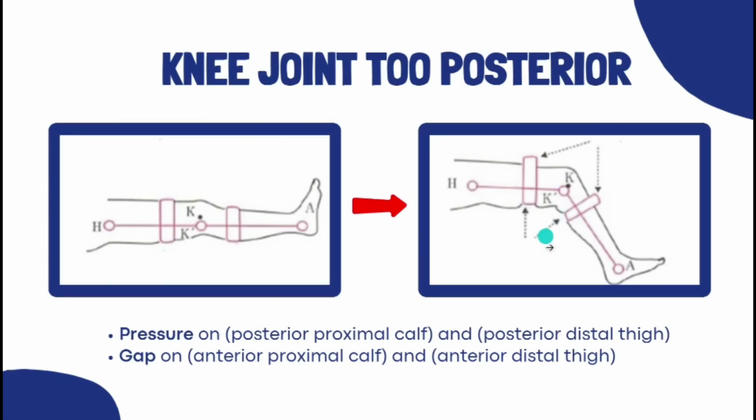This is the posterior proximal calf, the pressure, and also pressure at the posterior distal thigh, and it can create a gap on the anterior proximal calf and anterior distal thigh.